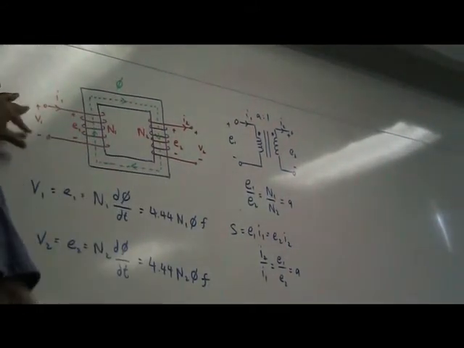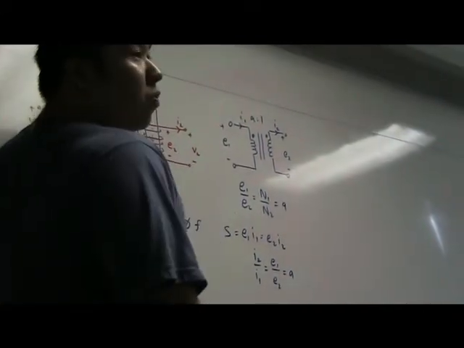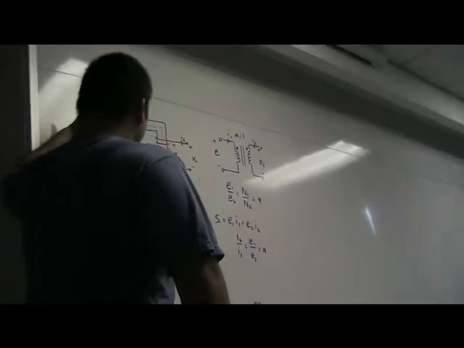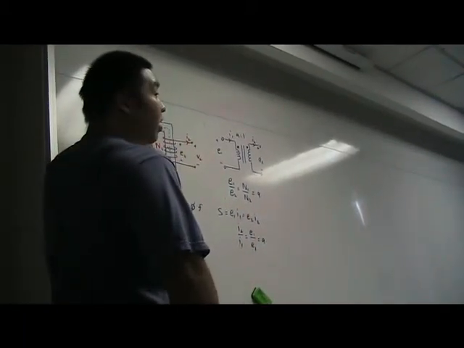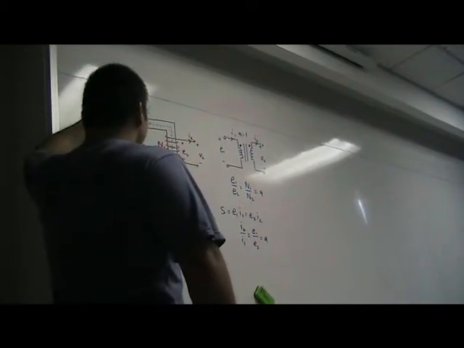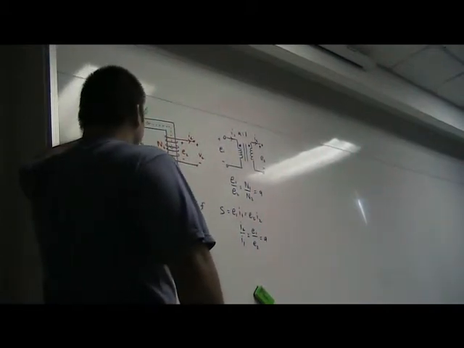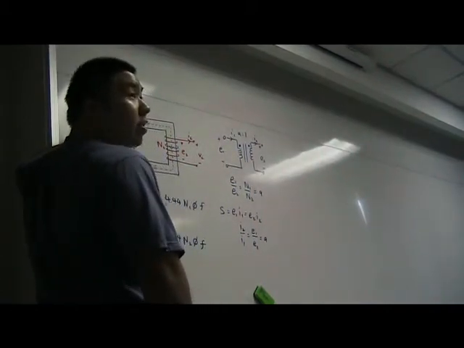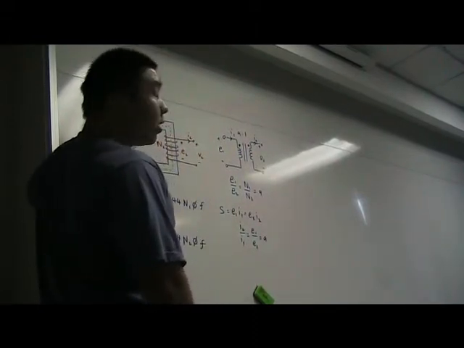If the input voltage is AC, then your flux will also be AC. This flux travels through both the primary side coil and the secondary side coil. Since the flux is AC, there will be a voltage induced in the primary side coil, given by E1. That voltage is given by L di1/dt or N1 dφ/dt. They're the same thing.